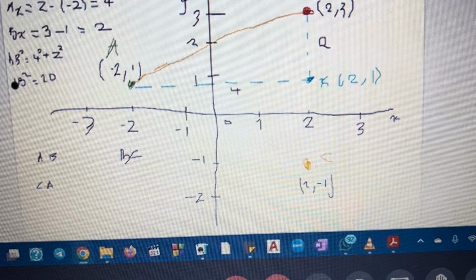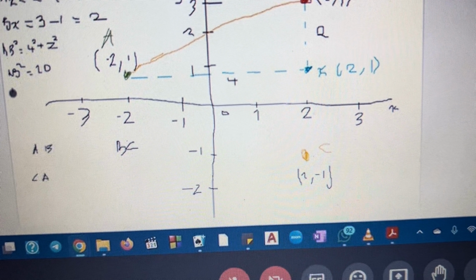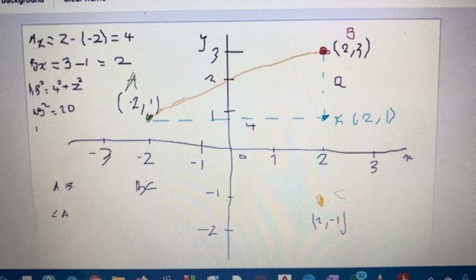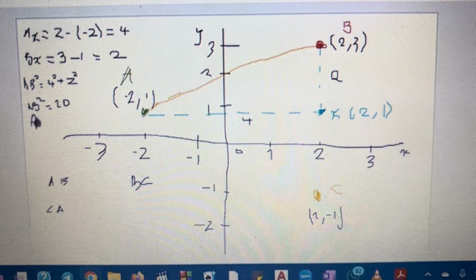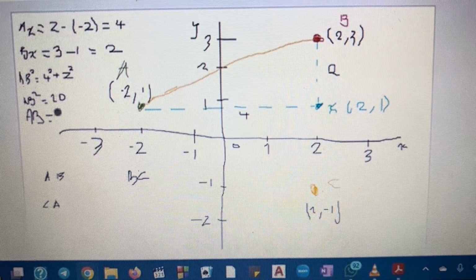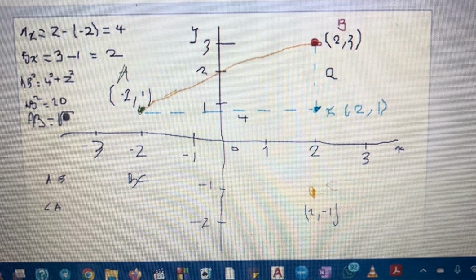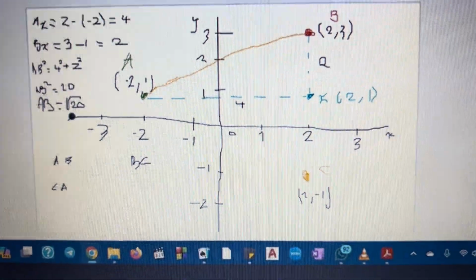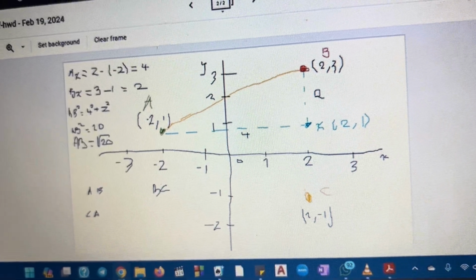If we find the square root on the left side, and the square root on the right side, we have AB is equal to the square root of 20, which should be some number between 4 and 5, I think. So it should be 4 point something. So the distance AB is 4 point something.